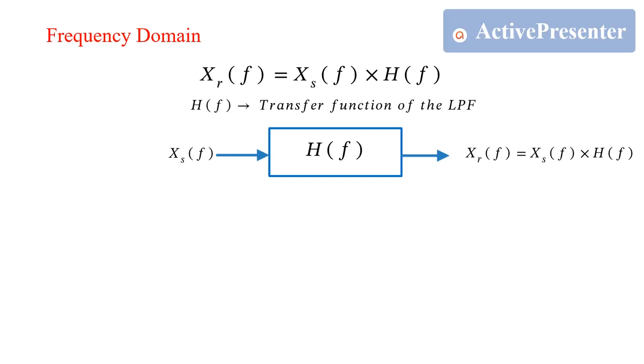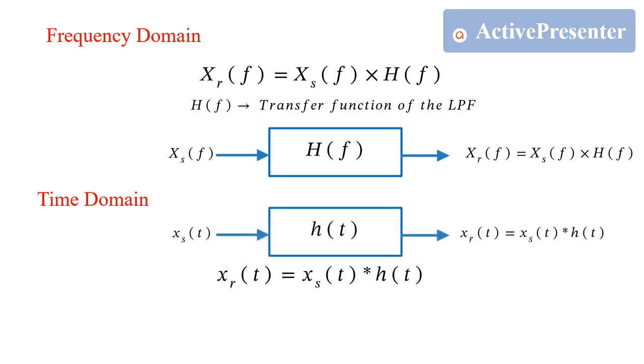Now, what will be the equivalent operation in the time domain? The time convolution property of Fourier transform says that multiplication in frequency domain is equivalent to convolution in the time domain. Thus, in the time domain, the recovered signal can be obtained by convolving the sampled signal xs(t) by the impulse response h(t) of the low pass filter.